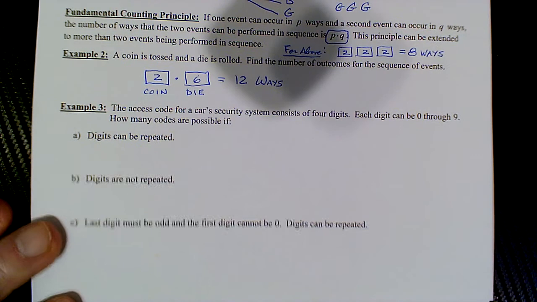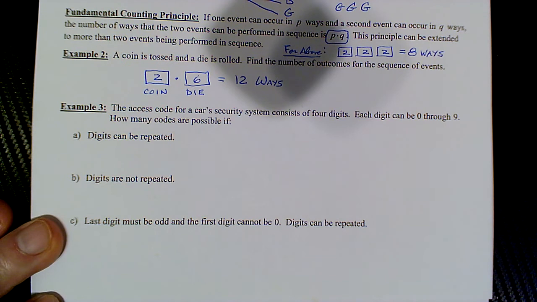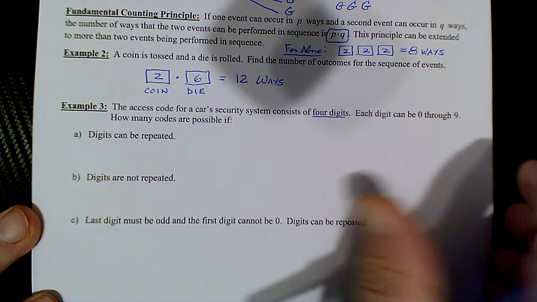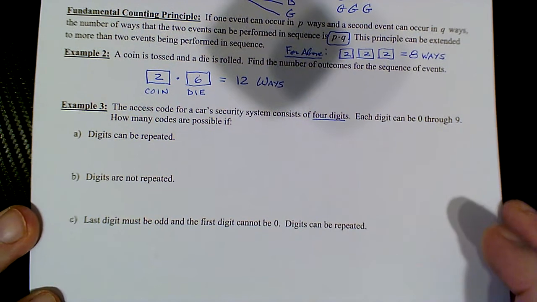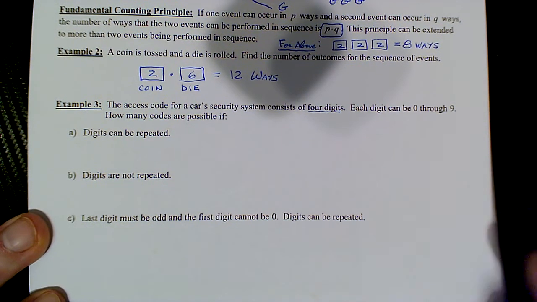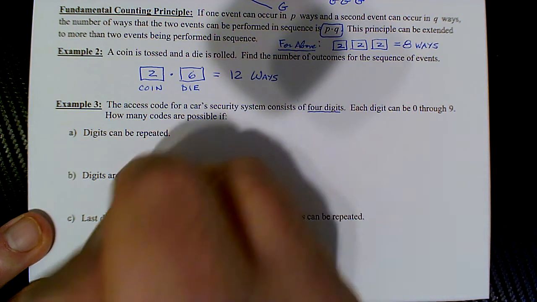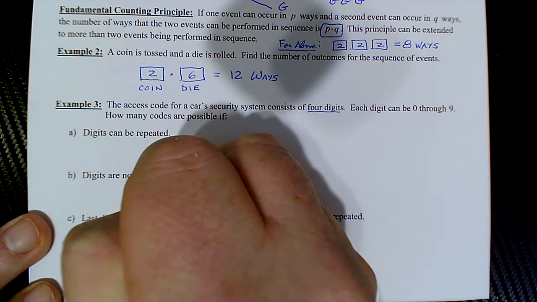Okay, now here's a classic example. We've got an access code consists of 4 digits. And each digit can be the numbers 0 through 9. But then we've got some restrictions. Well, actually, the first example, no restrictions. You just have the 4 digits.